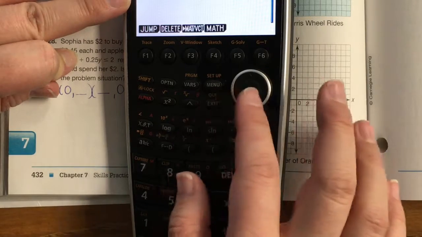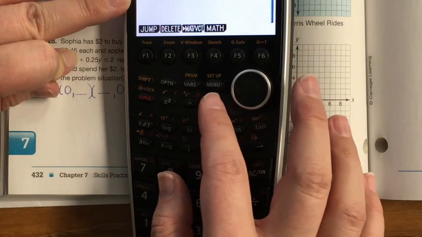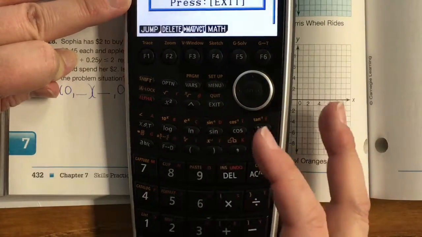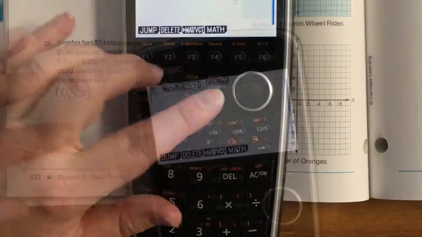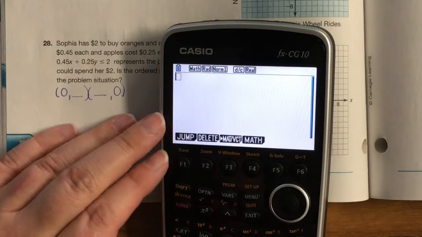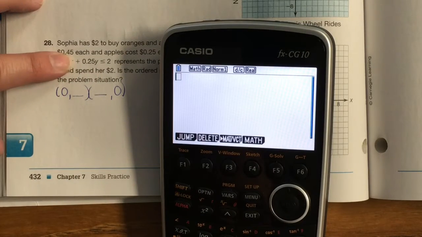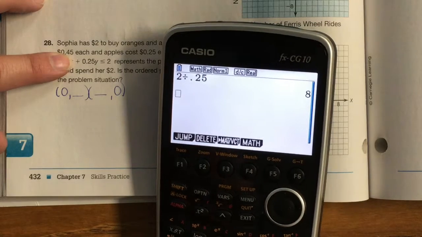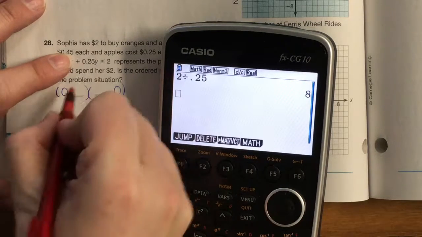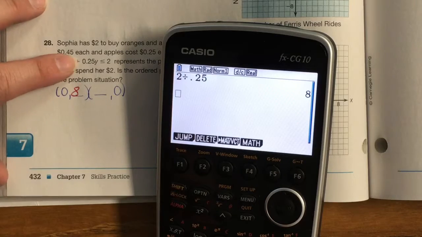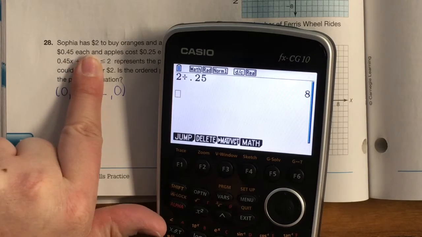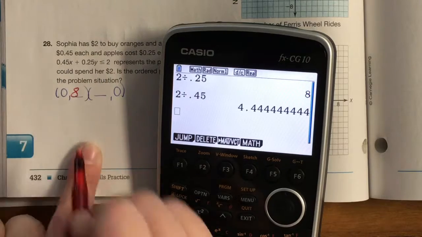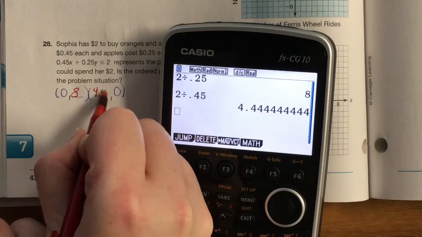Okay. So I get my calculator and I do 2, because if I covered up the X, I would do 2 divided by 0.25, and I get 8, so 0 comma 8. And the other one is going to be 2 divided by 0.45, and that's 4.4.